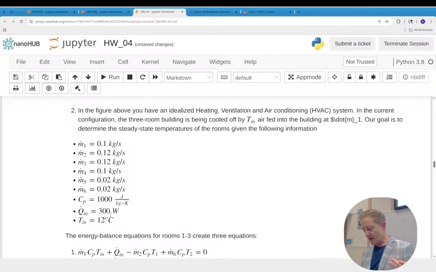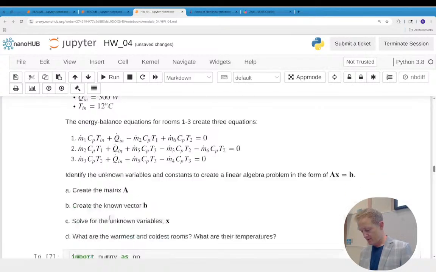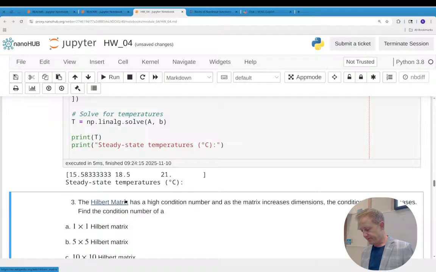So everything's got to be more than 12 degrees. It's probably not going to be 100 degrees because we are flowing it and kind of mixing the air. But 15 to 20 kind of makes sense. We have 300 watts of heating and we're kind of cooling it with outside air.